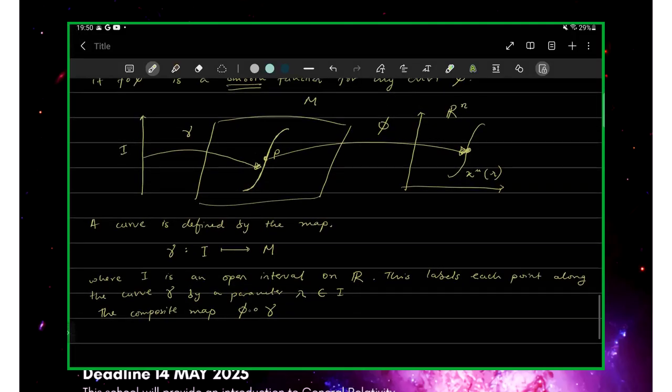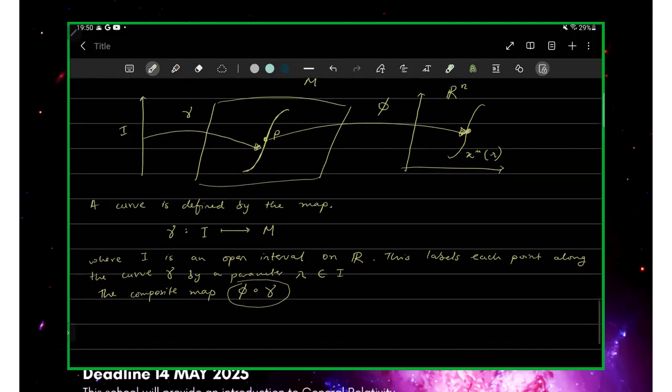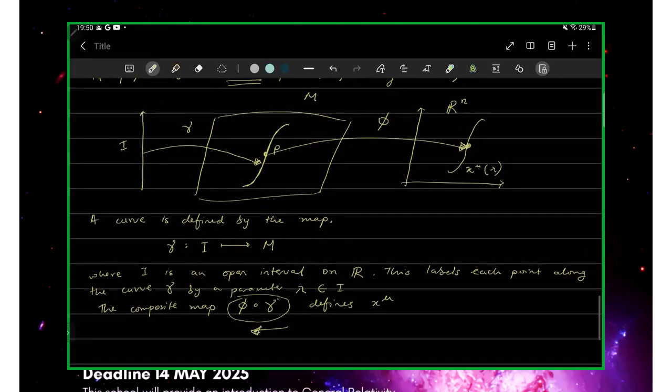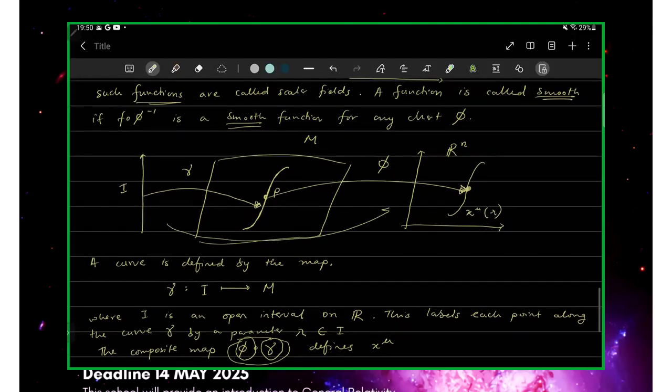Now remember, when we have composite maps, we always read from the right. So gamma first and then phi should lead you to define all the x mu's in Rn.